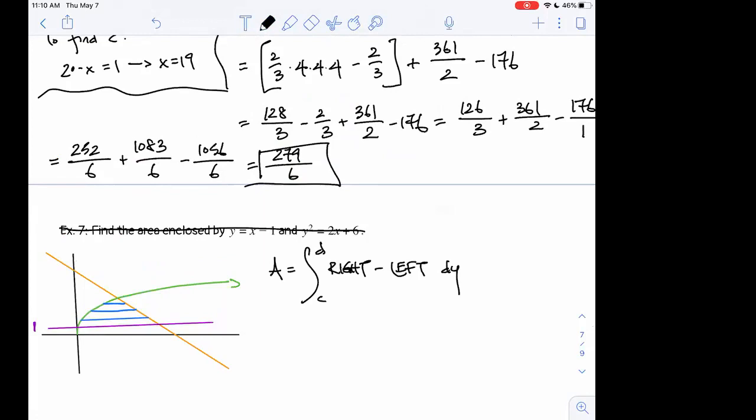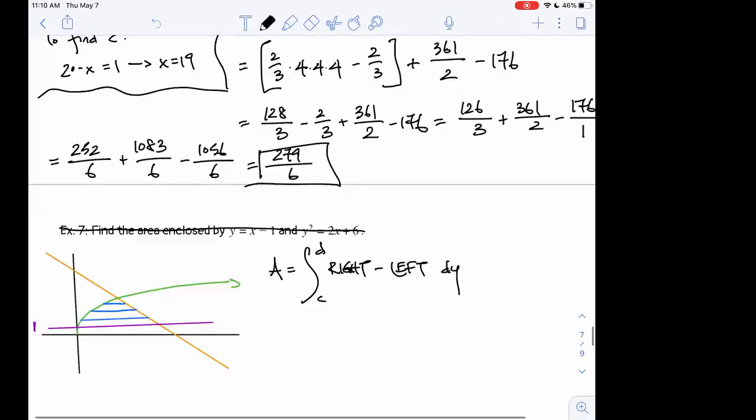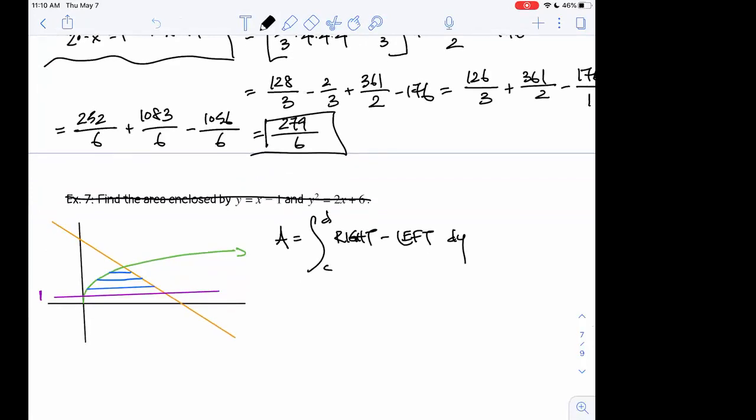So a few things that we need to do here. If we want to use this formula, we need C and D, which are y values. I also need my equations to be with y's.